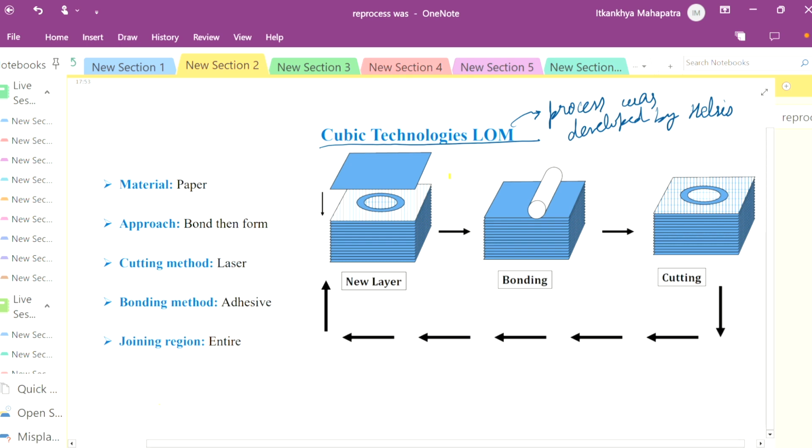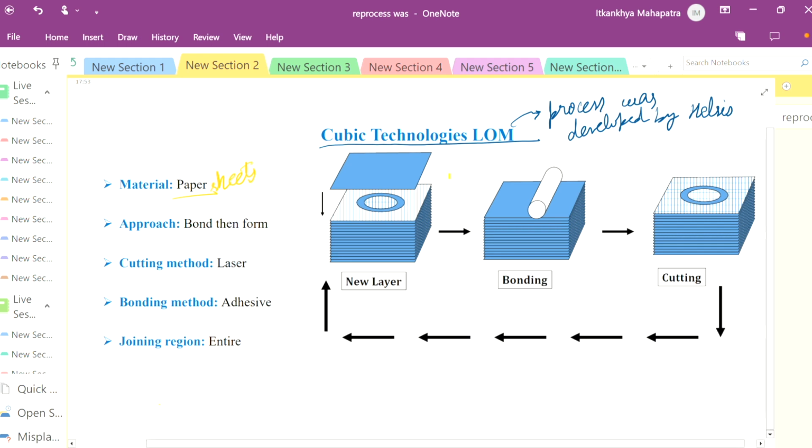For this technology, they had also applied for a patent in 1996, which expired in 2016. Now this technology can be used without giving any credit to them. The material we use in this process is a paper sheet.